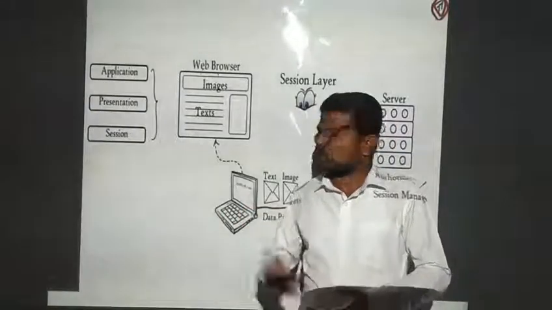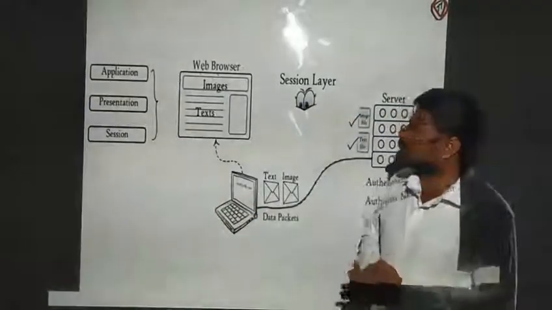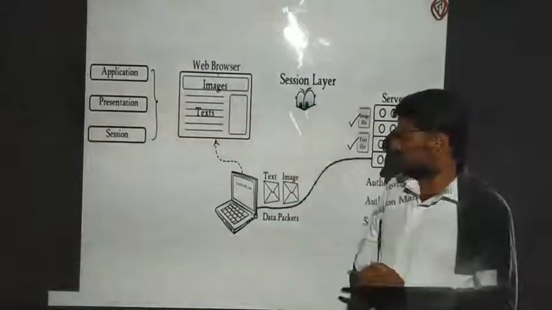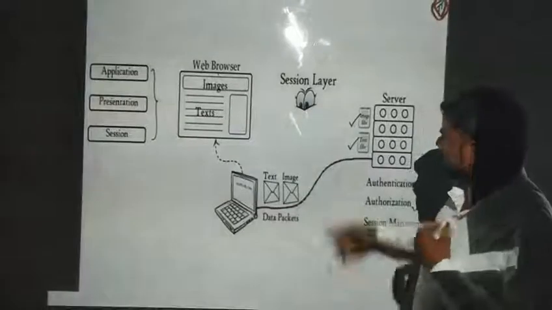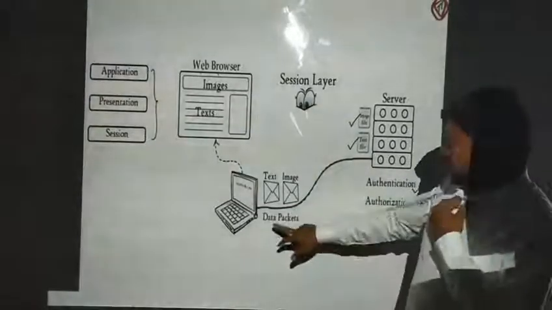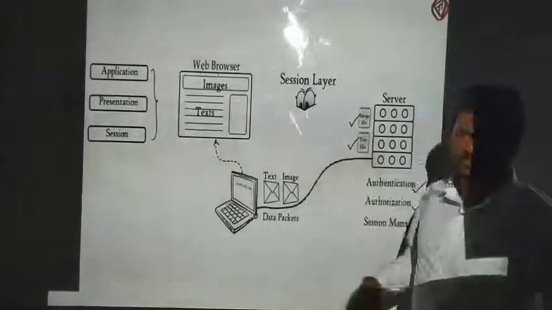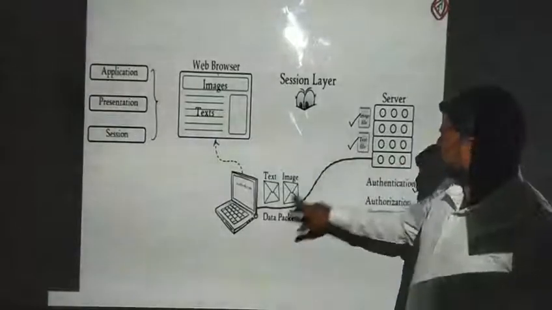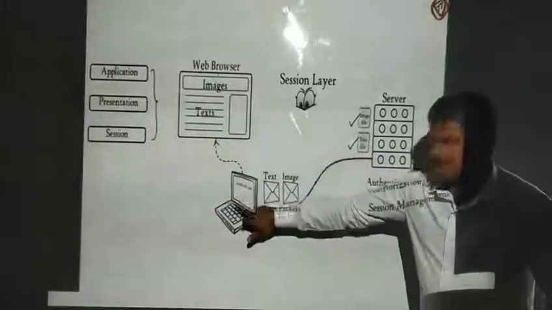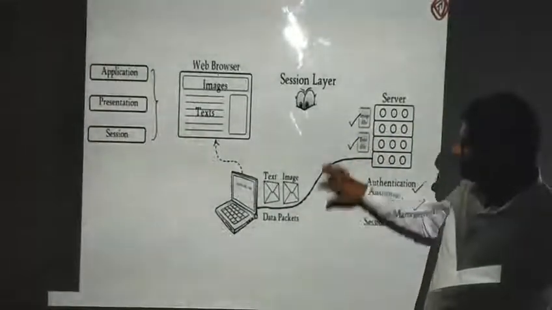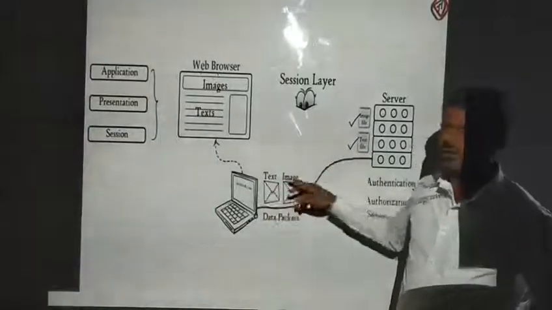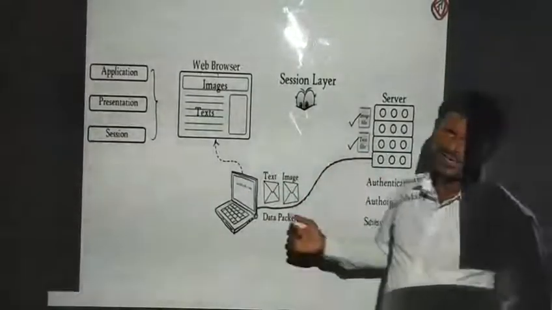All that type of work will be done in the session layer. Initially, the session layer establishes a connection between the client and server. If data is being accessed from the client side, it will be decided which type of data it is, whether text type or image type.